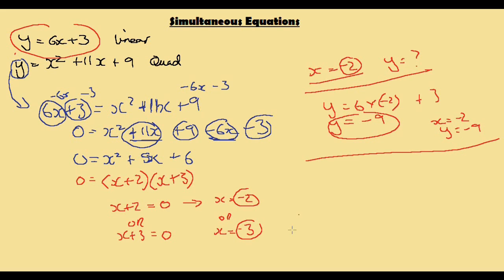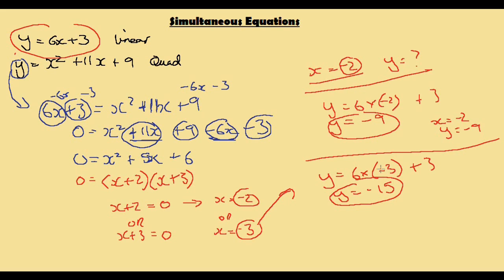So when x equals minus 2, y equals minus 9. But what about the other value of x that we had, when x equals minus 3? Well, again, we'll just take that same equation, 6 times x, which is minus 3 now, and then we're going to plus 3. 6 times minus 3 is minus 18, plus 3 is minus 15. So now we've got a value of y for when x equals minus 3 and a value of y for when x equals minus 2.